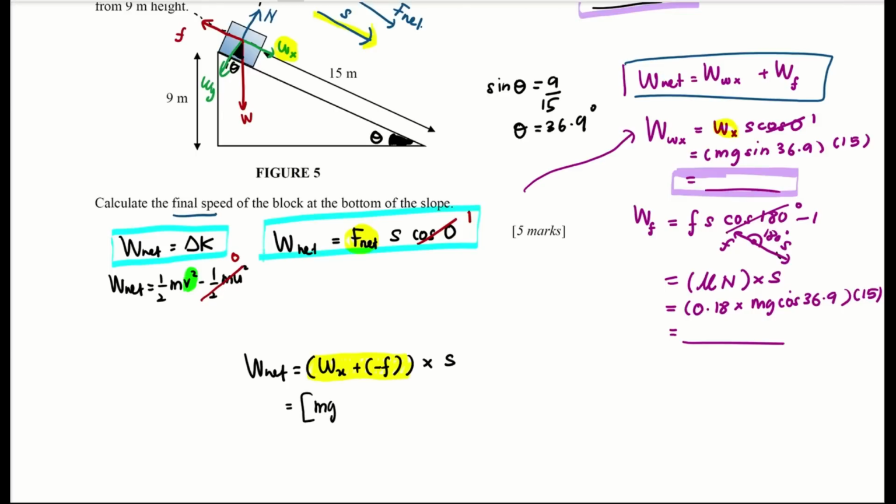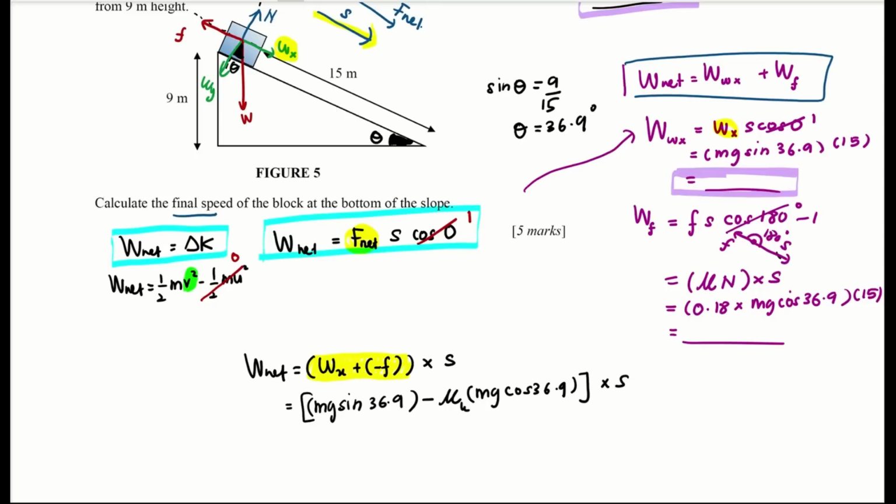So, dia akan jadi mg sin 36.9 and then plus minus, so minus frictional force which is mu n. Kali ni n dia apa tadi? N dia adalah normal force equal to wy which is mg cos 36.9. So this is mu k lah. Okay, and then times dengan S.